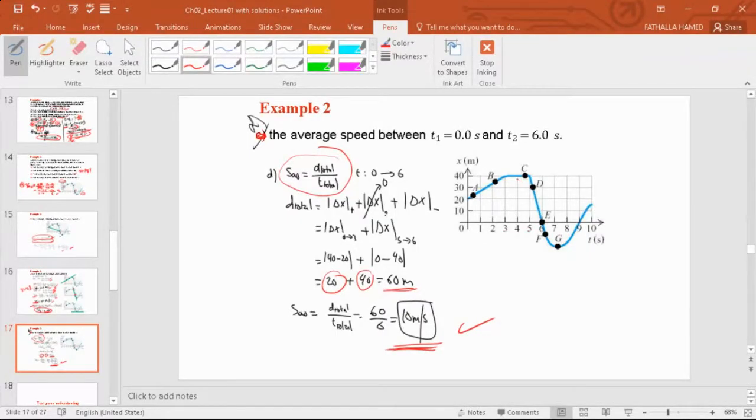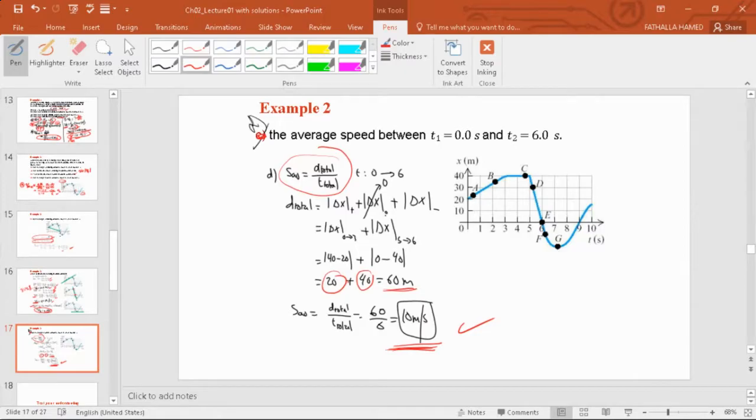You did not move. Your position stays the same at 40, so you're achieving 0. And then you move between 5 and 6. You moved from 40 to 0, and that's 40 meters. So your total distance will be 20 plus 40, which is equal to what? It's equal to 60 meters.